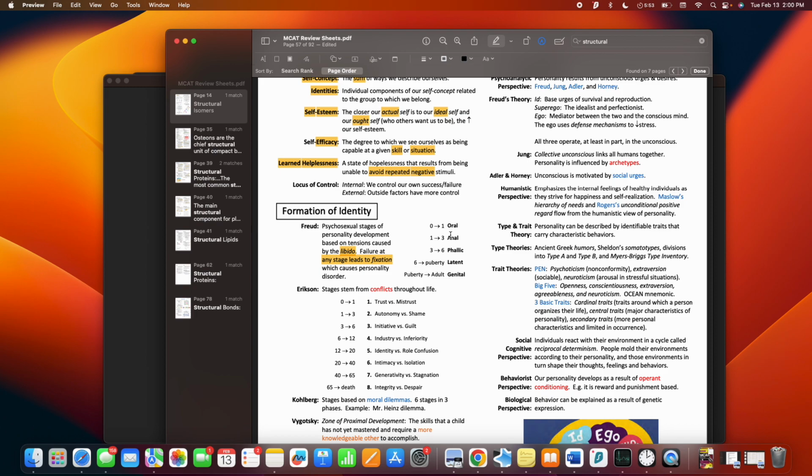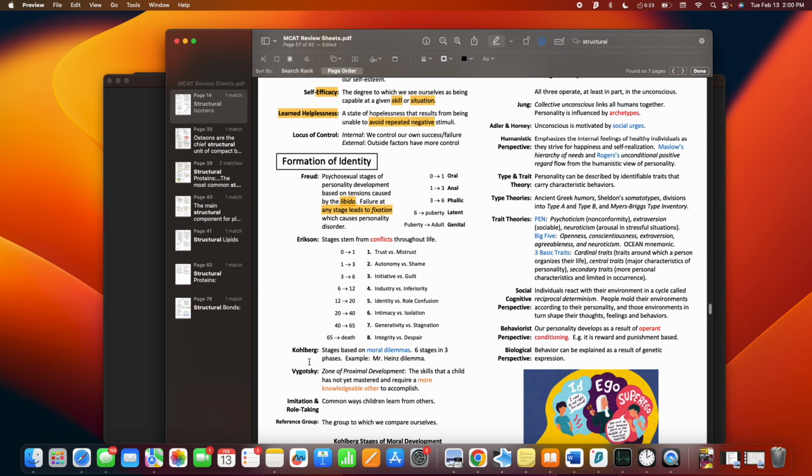So OAPLG, not to confuse it. We have, I think, at least three of these. One is Freud's: 0 to 1, 1 to 3, 3 to 6, 6 to puberty, puberty to adult. The second is Kohlberg's moral development stages, and for Erikson it's the third one.